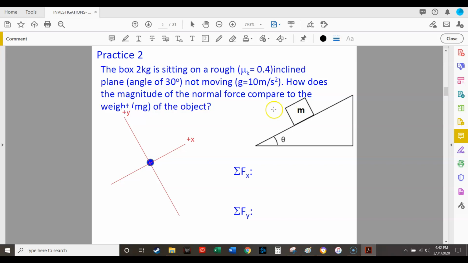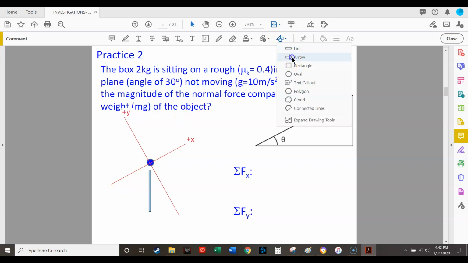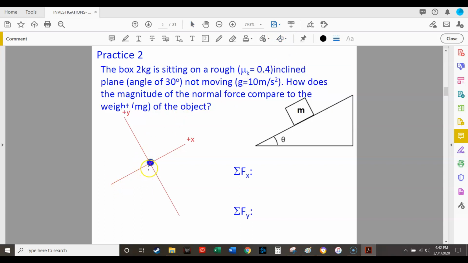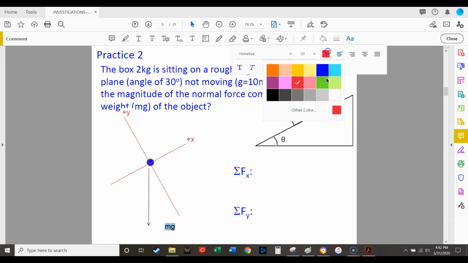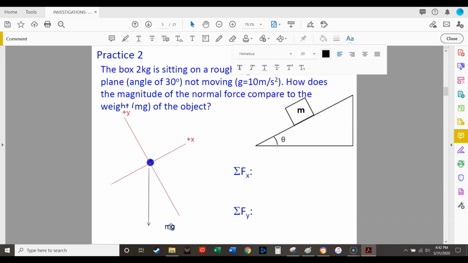All right, I hope you've done your force diagram. So let's go ahead and draw ours. Draw an arrow pointed down. I'm going to draw the weight of the object. Again, I'm going to make this longer than normal. I'm going to label this mg, and I'll make sure it's black to be consistent with my forces.